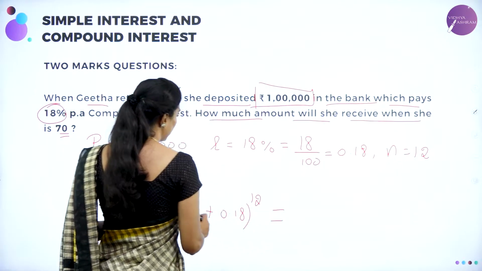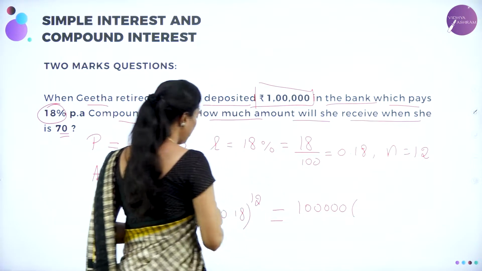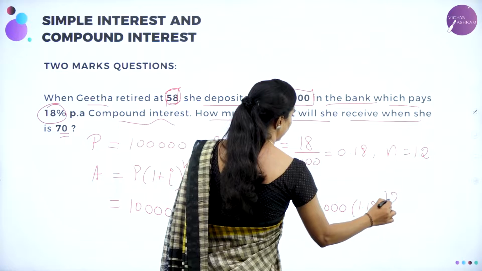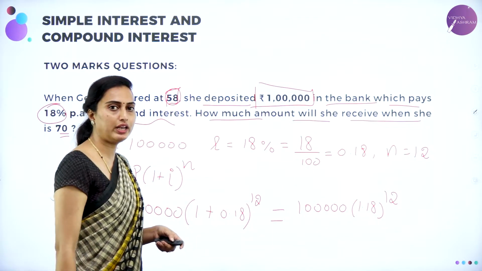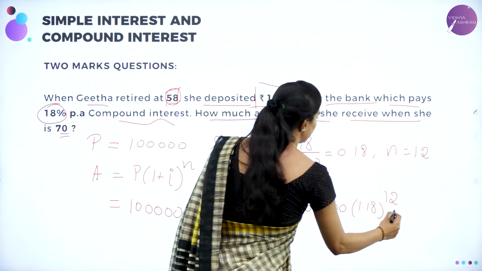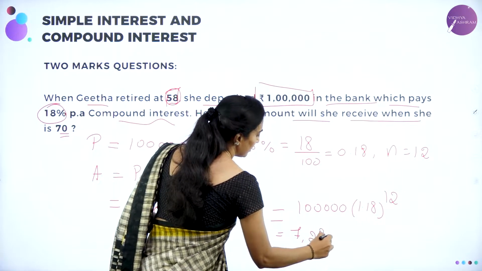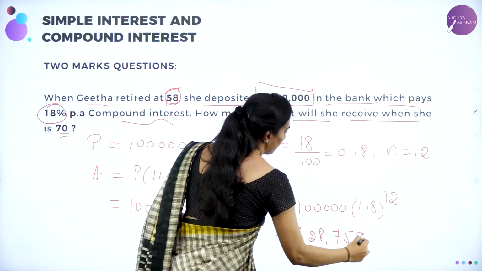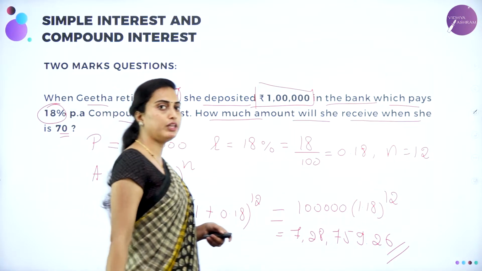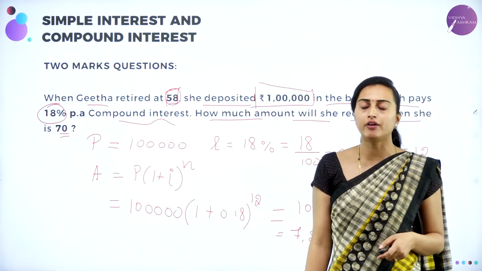Now, if you calculate this, 1 lakh into 1.18 to the power of 12, you are going to get the answer 7,28,759.26. So, this much money Geeta will be receiving after 12 years, at the age of 70.